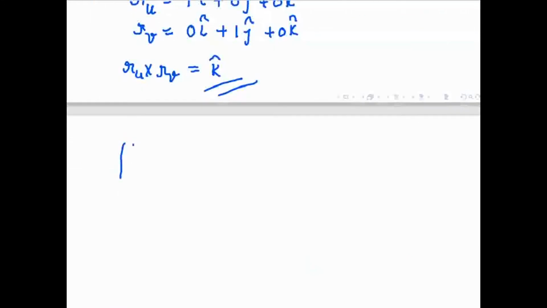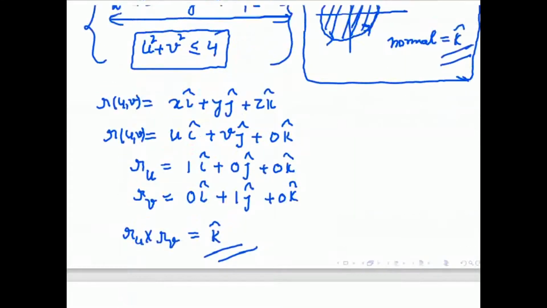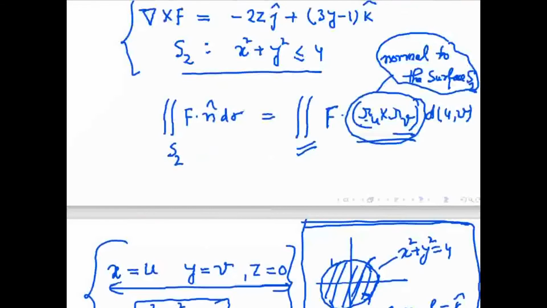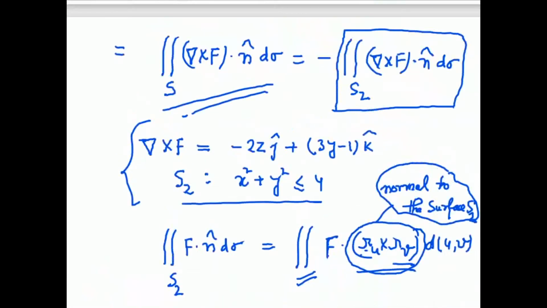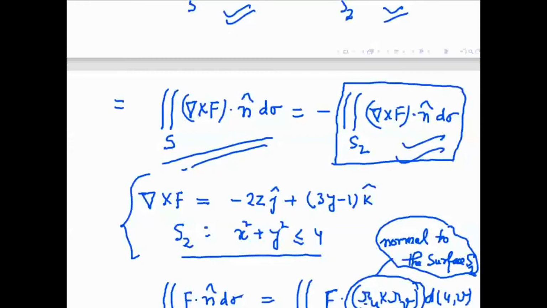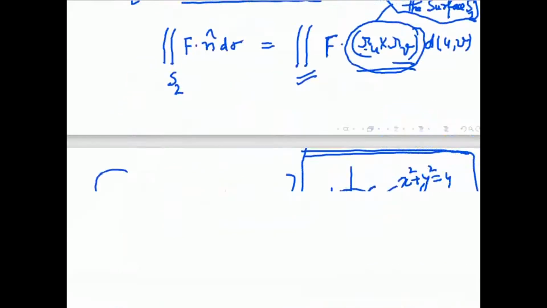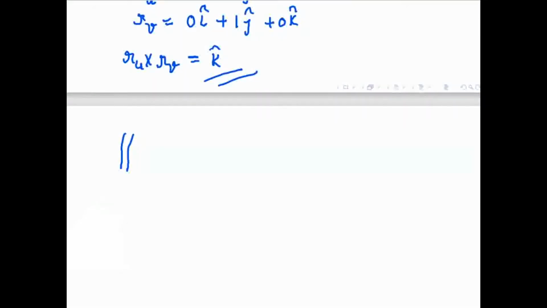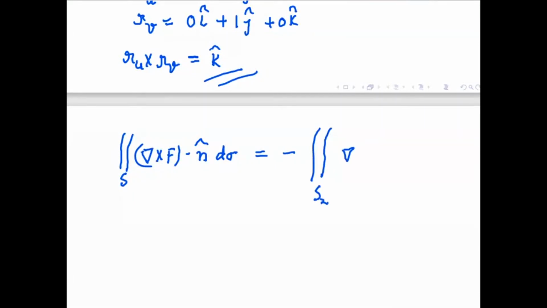So that means the surface integral over this S2, here f dot r_u cross r_v, will give k-cap. So now I am going to apply it here. This normal came k-cap over S2, this is r_u cross r_v. The surface integral over S of f dot n-cap d sigma is the same as minus the surface integral over S2 of del cross f dot n-cap d sigma.